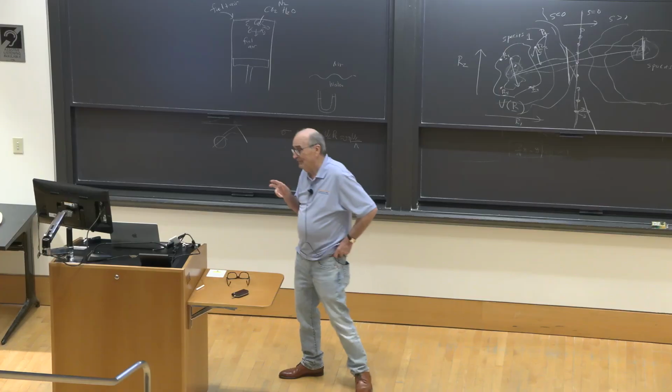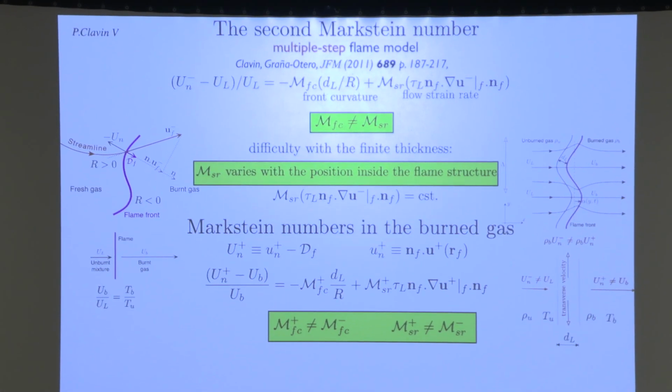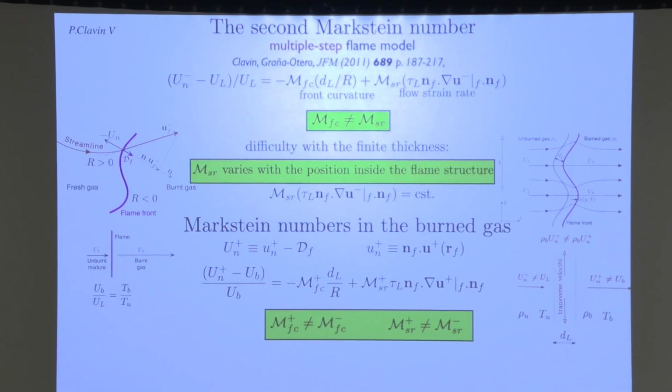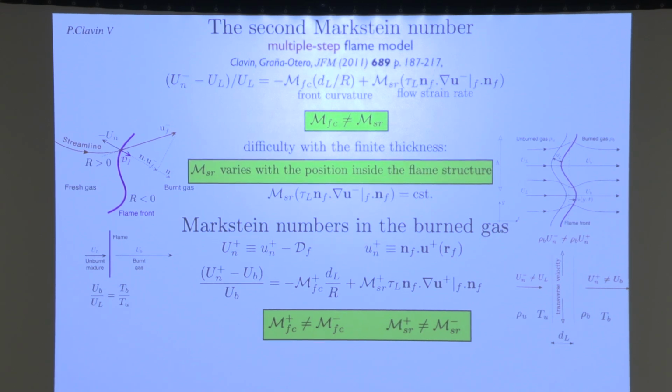And in my opinion, there is still a lot of work to develop on that problem. Now, not only is the Markstein number not the same for the curvature and for the flow strain rate, but also, and this is another point where you have to be careful when you analyze the experimental results, it depends on where you are looking: in the fresh mixture or in the burned gas.